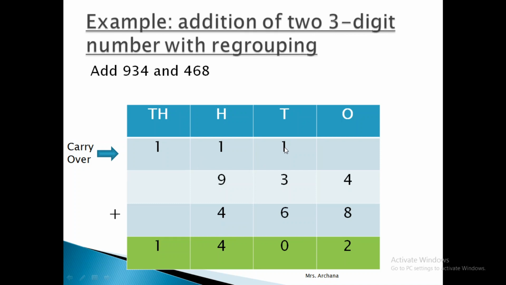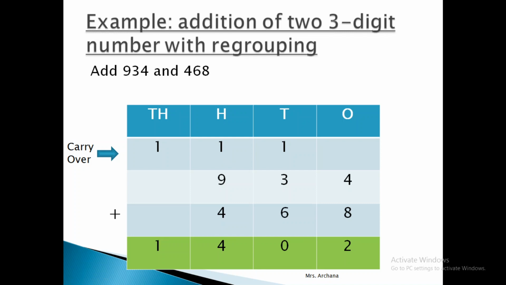And now after placing the 1 here, again you have to regroup these numbers, that means this tens place. Regroup and add. How much will you get? You will get 10. 6 plus 3 plus 1 is 10. So you place 0 in the tens place, because 10 means 1 and 0.